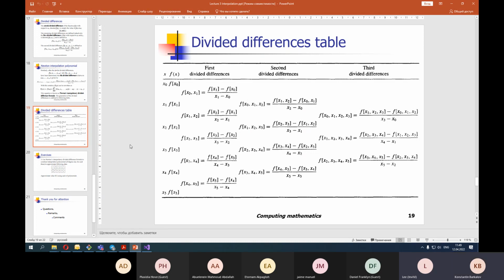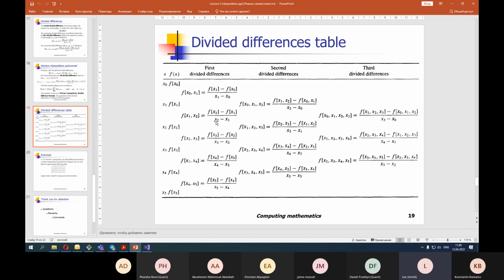The structure of these formulas are the same. We should take the previously computed values and divide the difference of these two values over the difference of x's.